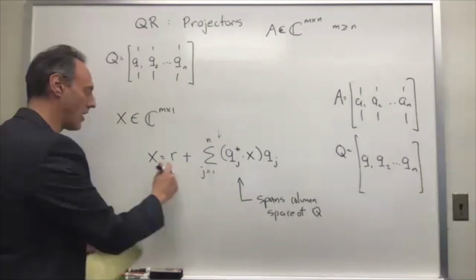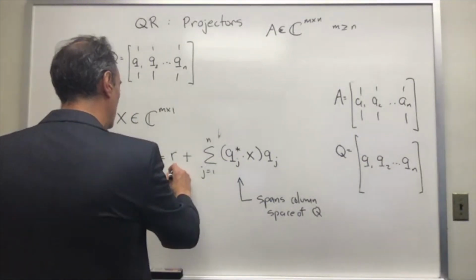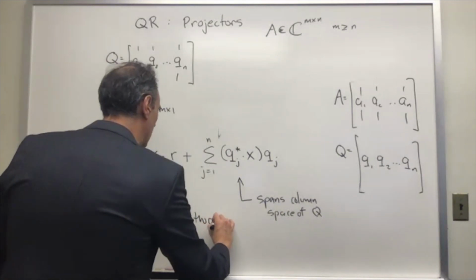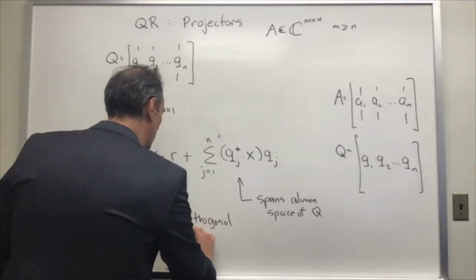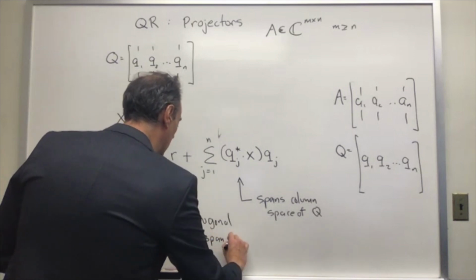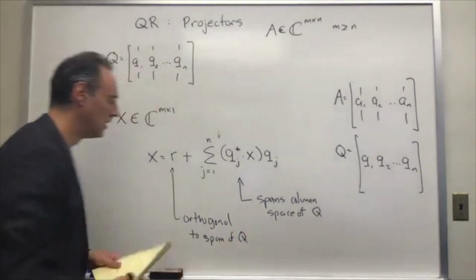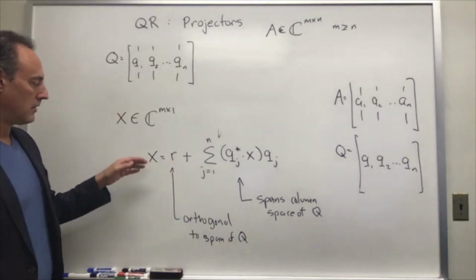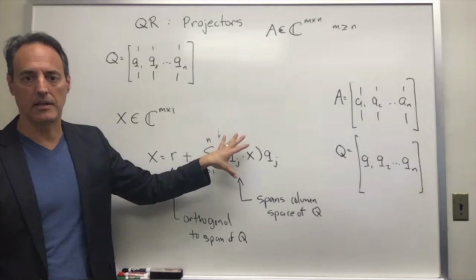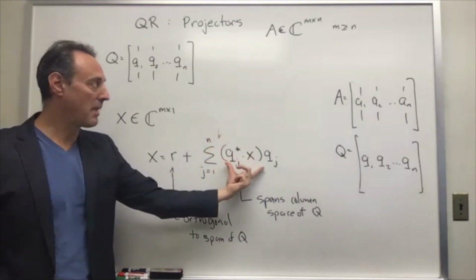What about this R? Well, the R is orthogonal to the span of Q. In other words, this is out of the range of this spanning set.